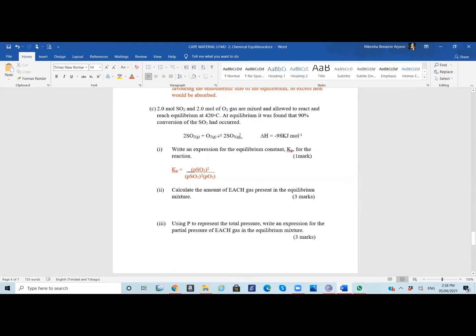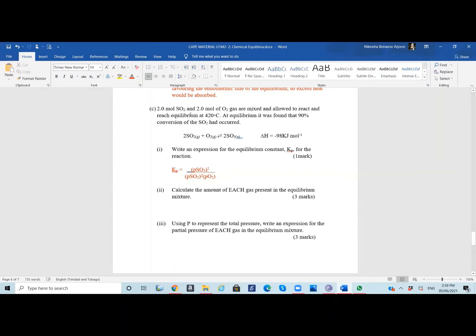So we have an equation, right? This is the balanced equation at equilibrium. Remember that even from CAPE chemistry, you can use mole ratios to determine the amounts of each component reacting. They give us that 2 moles of SO2 and 2 moles of oxygen gas were mixed together, but only 90% of the SO2 was converted.